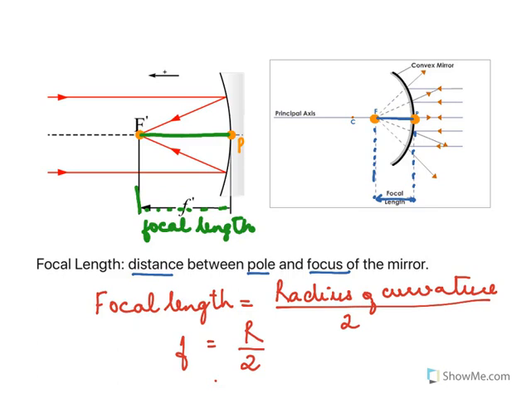So if the radius of curvature is 20 centimeter, the focal length will be 10 centimeter, half of it. So it's halfway. If the center of curvature would be here, this would be equal to this. The focus is halfway to the pole. So it's an important relationship that focal length is radius of curvature divided by 2, f equal to r by 2.